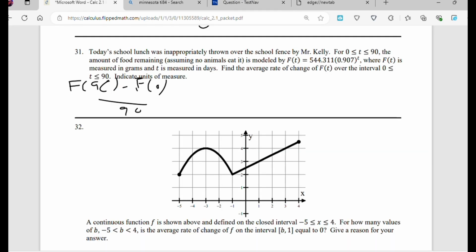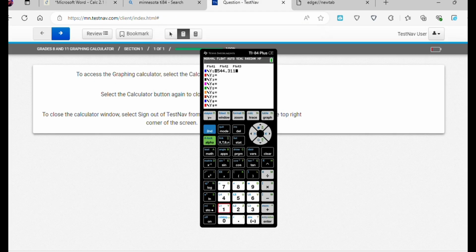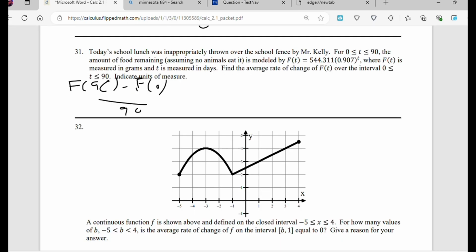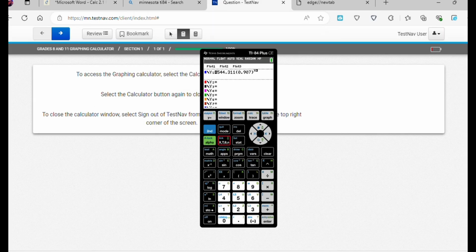Is it 0.311? Yeah. 0.97. 907 to the x. Okay. Now that we have that, we can quickly solve for this.